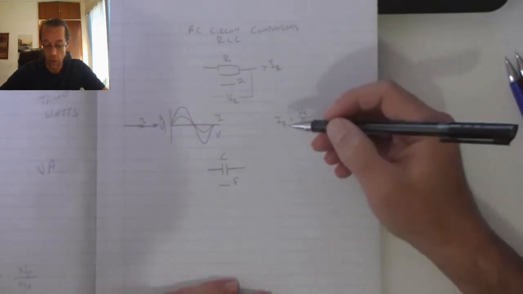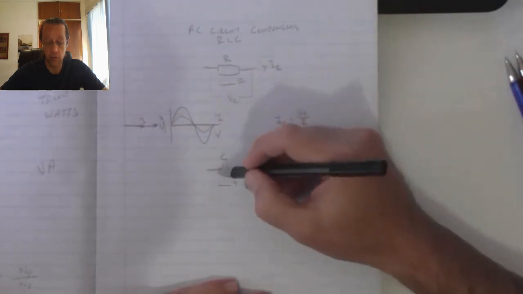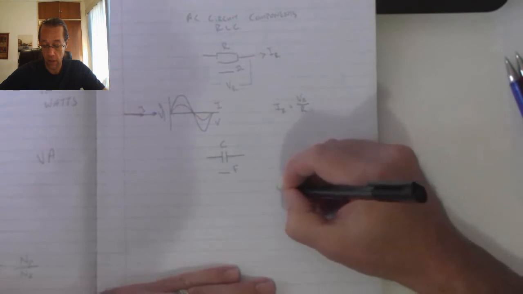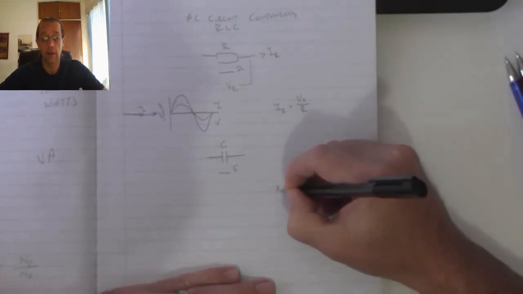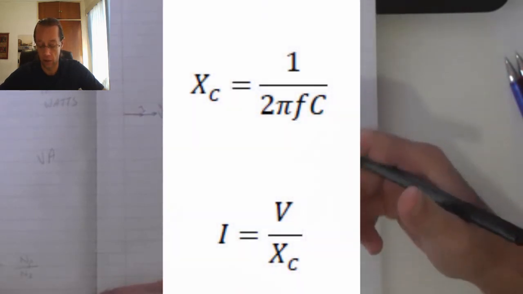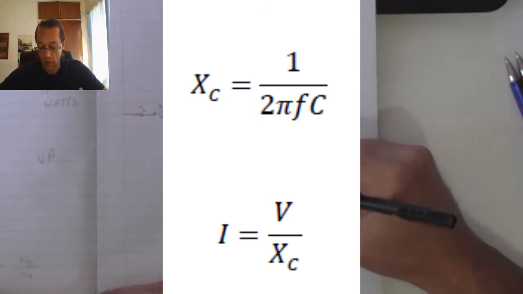So we realize that once we apply a sine wave or a signal onto a capacitor, the following happens. It develops a capacitive reactance, which is an apparent resistance caused by the charging and the discharging of the plates of that capacitor.